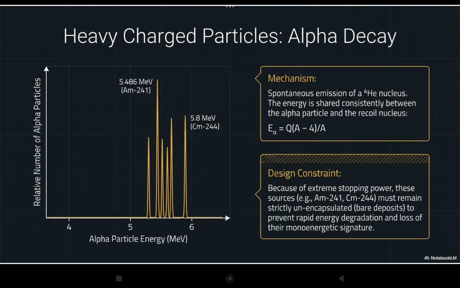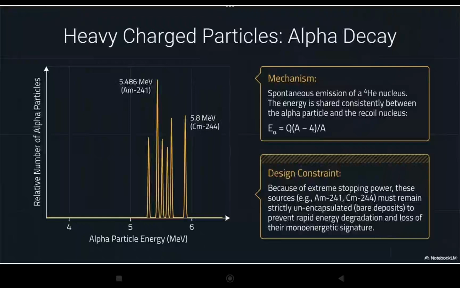Alpha decay belongs to the class of heavy charged particles and is very different from beta emission. Here the nucleus emits a helium-4 particle, and because the alpha particle is relatively massive and doubly charged, it loses energy very rapidly in matter.